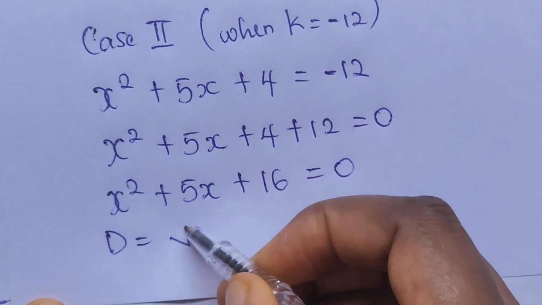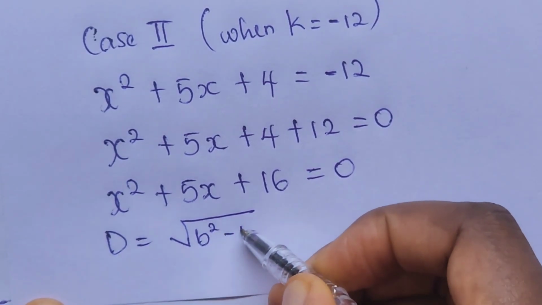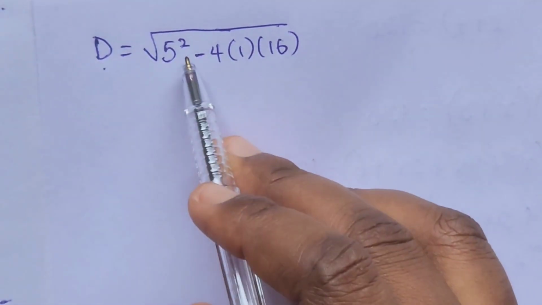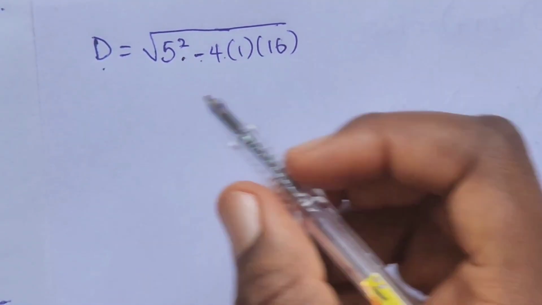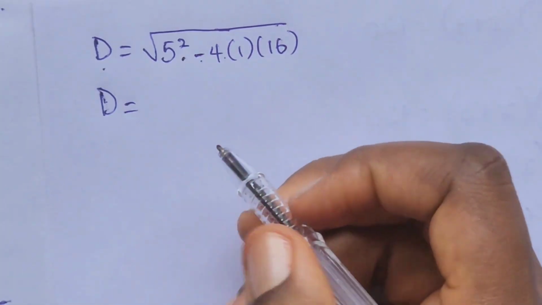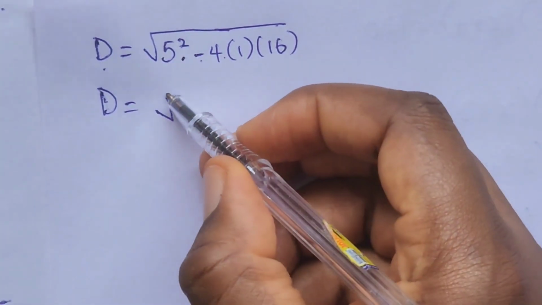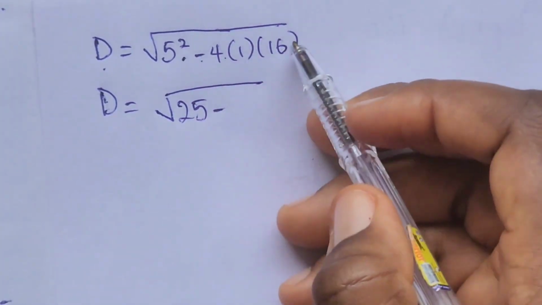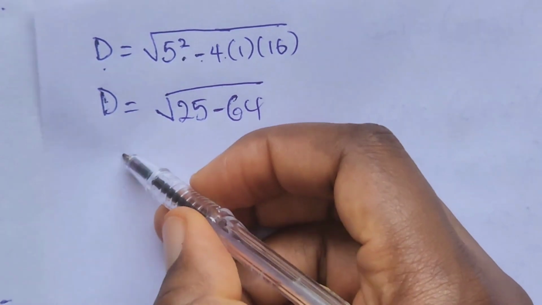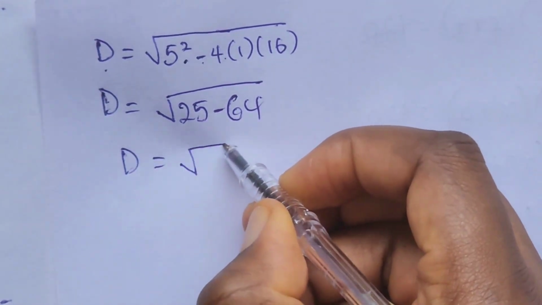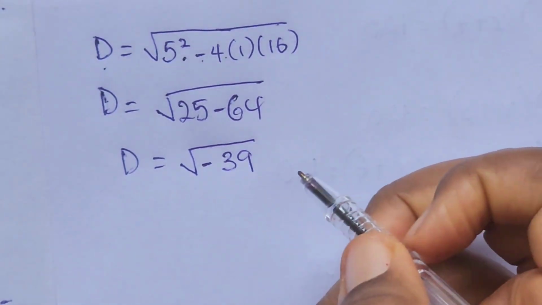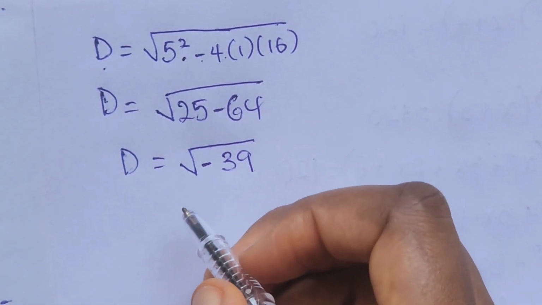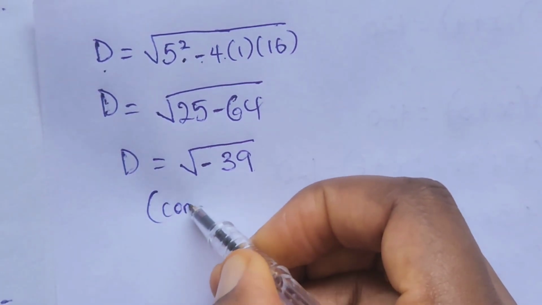Our discriminant is equal to b squared minus 4ac, which is 5 to the power of 2, 25, minus 4 times 1 times 16, we have 64. So d is equal to minus 39. We have a negative discriminant. It simply means that we have a complex number.